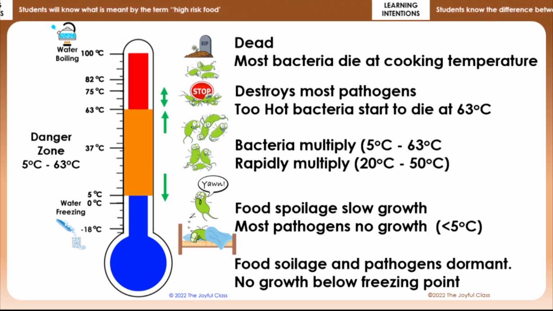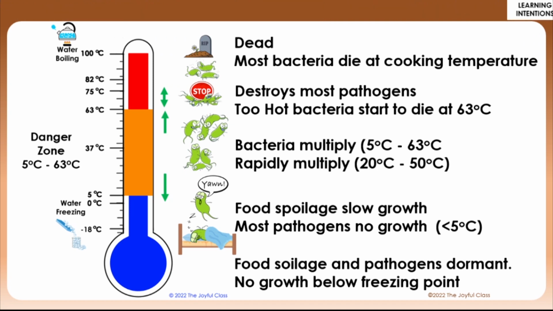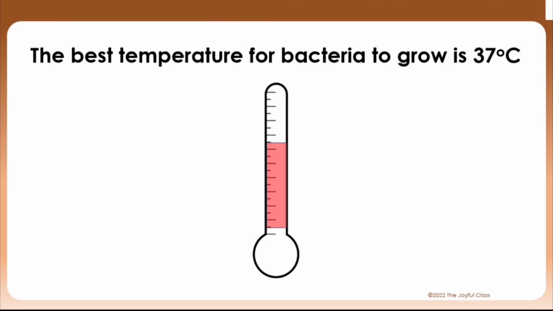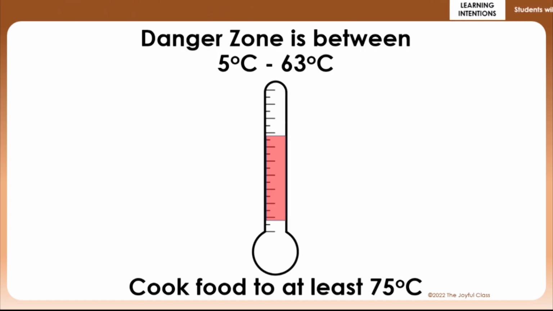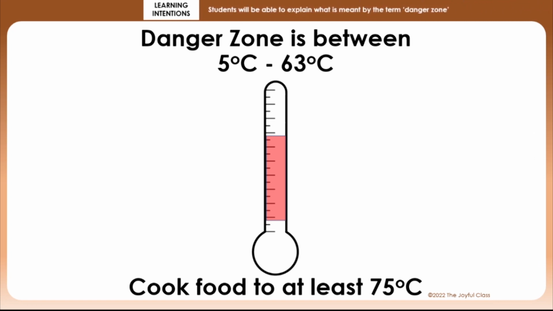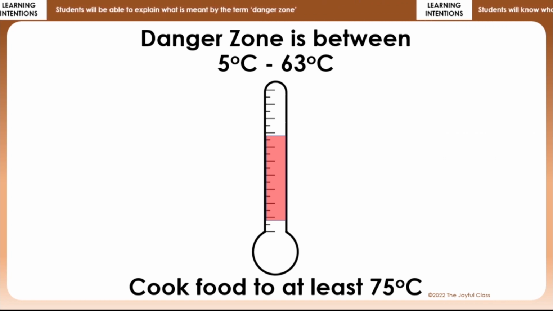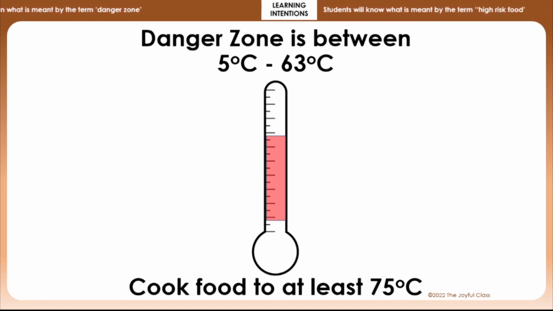There's no growth below the freezing point. The best temperature for bacteria to grow is 37 degrees, that's body temperature. The danger zone is between 5 degrees centigrade and 63 degrees centigrade, and we should cook food to at least 75 degrees centigrade.